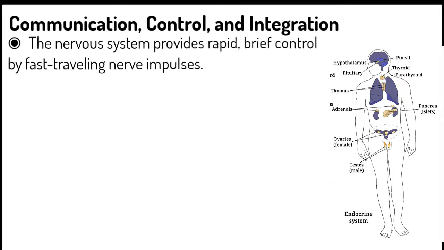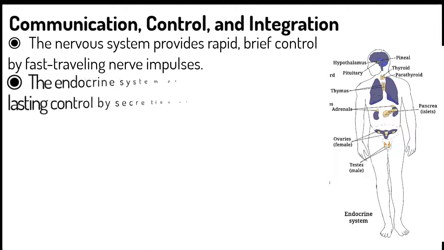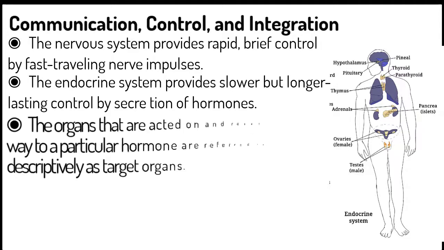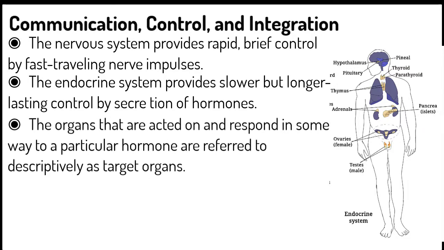The nervous system provides rapid, brief control by fast-traveling nerve impulses, whereas the endocrine system provides slower but longer-lasting control by secretion of hormones. The organs that are acted on and respond in some way to a particular hormone are referred to descriptively as target organs.